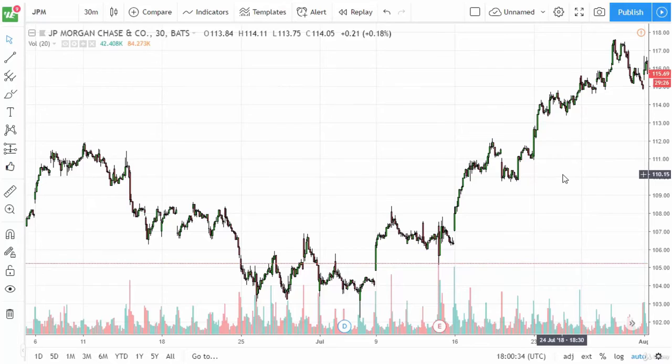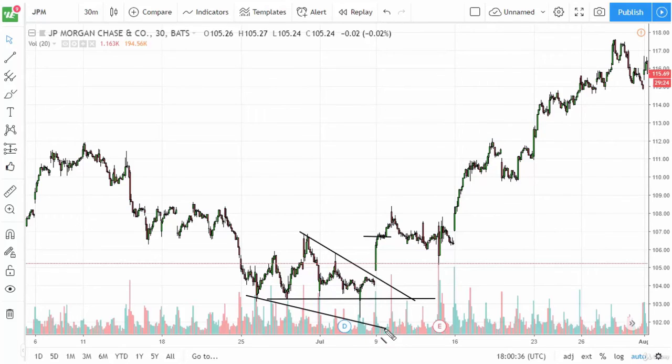Looking at this, I see an argument for a nice triangle here. Again, the wick did dip down below, but we have the triangle left. We broke to the upside. We hit there. So even if you were trading this as a wedge, which you could make an argument for as well, either way, your target was hit.